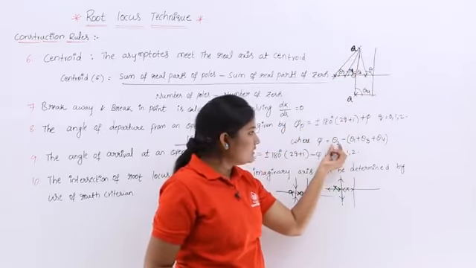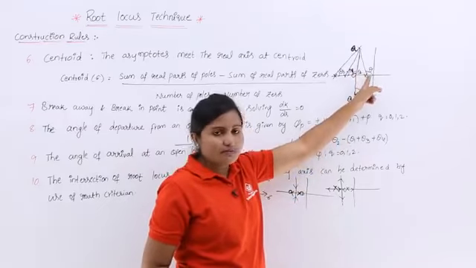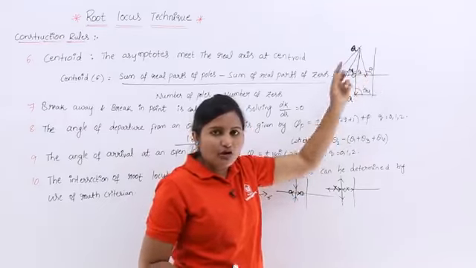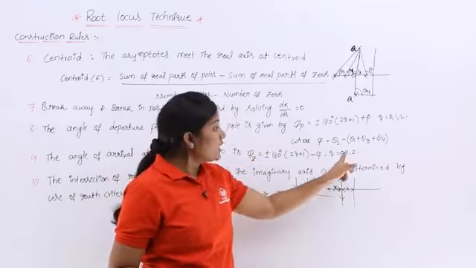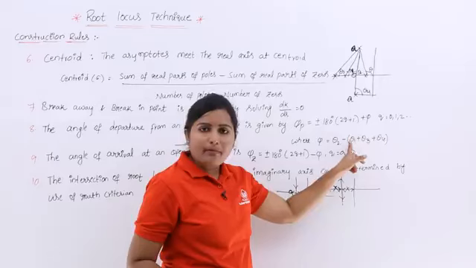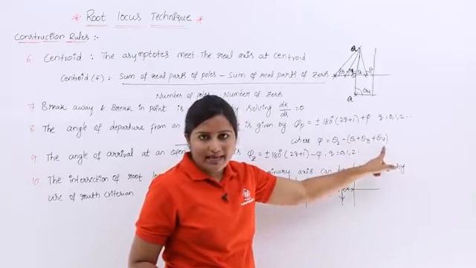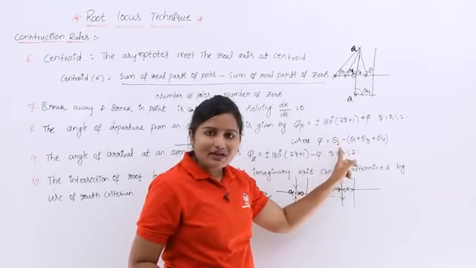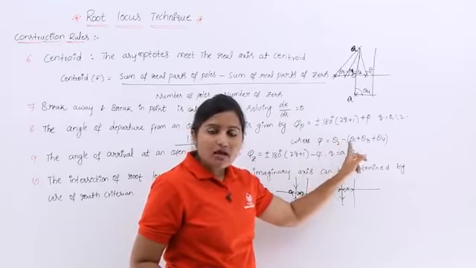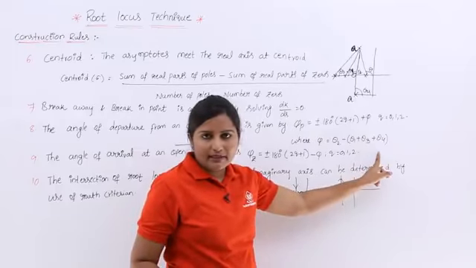For example, if you are having two zeros, how many angles are created by those zeros, that you will consider here, minus the angles created by the poles on the real axis. So here phi is equivalent to the angles created by zeros minus the sum of angles created by poles.